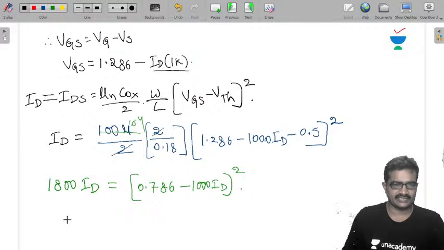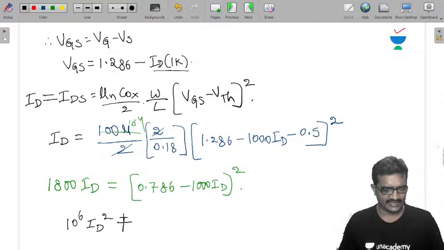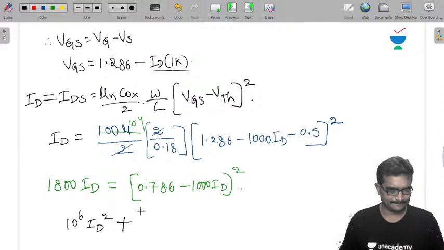So 1000 squared means it is 10 power 6 ID square, plus 0.786 whole square, that is 0.617 approximately, minus 2 times AB.